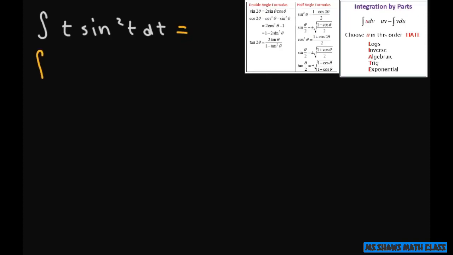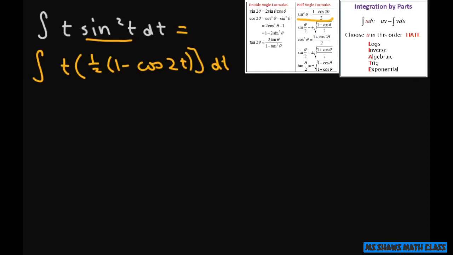So let's pull out the t here and do our half angle identity right here. So that's going to be 1/2 times 1 minus cosine 2t dt. Now I can pull out the 1/2 in front, this constant.